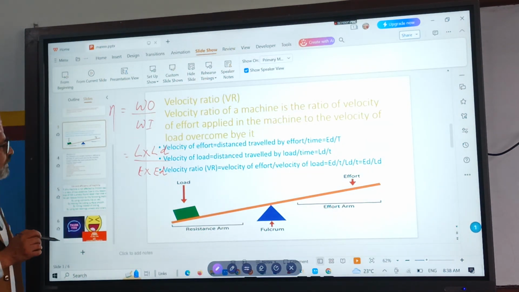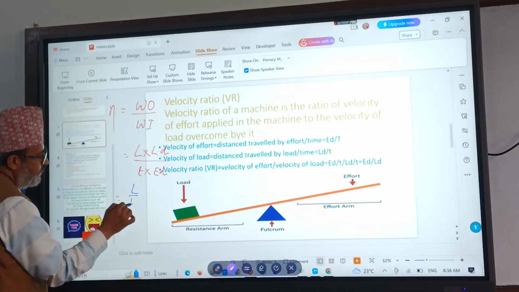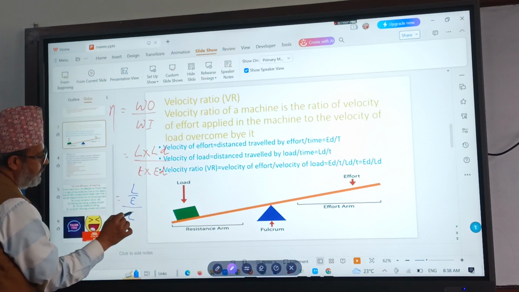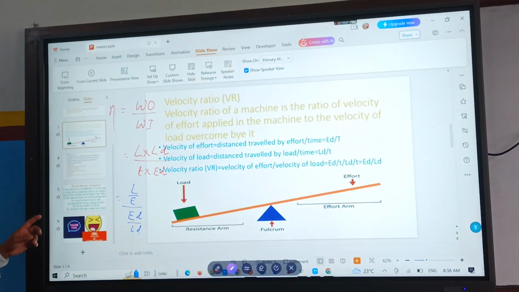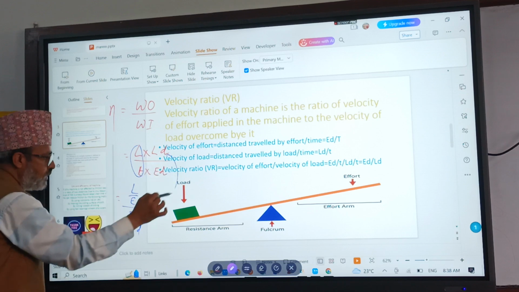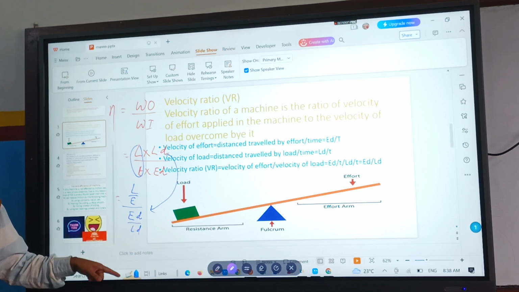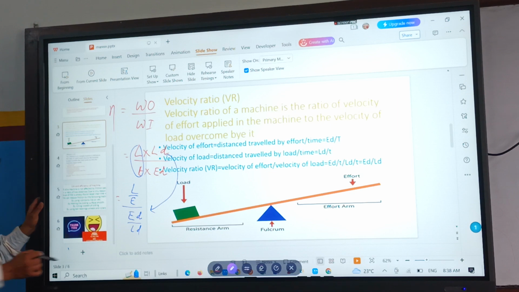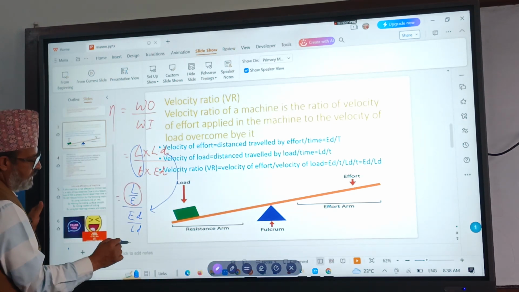Ashwin, look here. Now you have to be very smart here, children. Load by effort we can write here. Then below, what is here? Effort distance by load distance. This step is very, very important. Load by effort, I have taken it once. Already there is effort distance, I brought load distance at last. These terms can be written in this way also: load by effort times effort distance by load distance. Now, tell me, what is the formula of L by E?